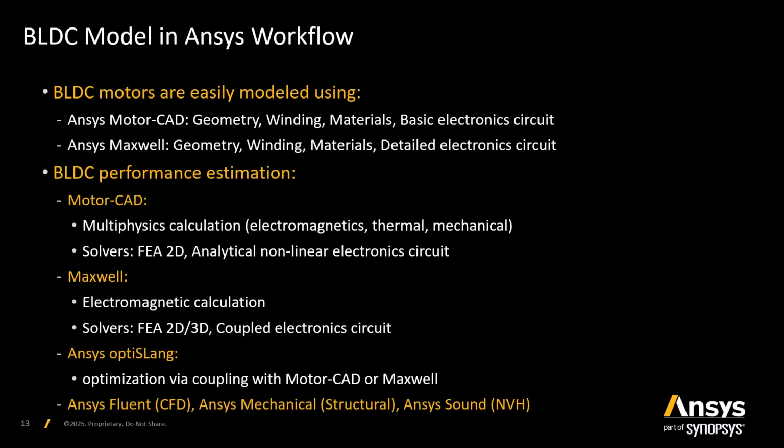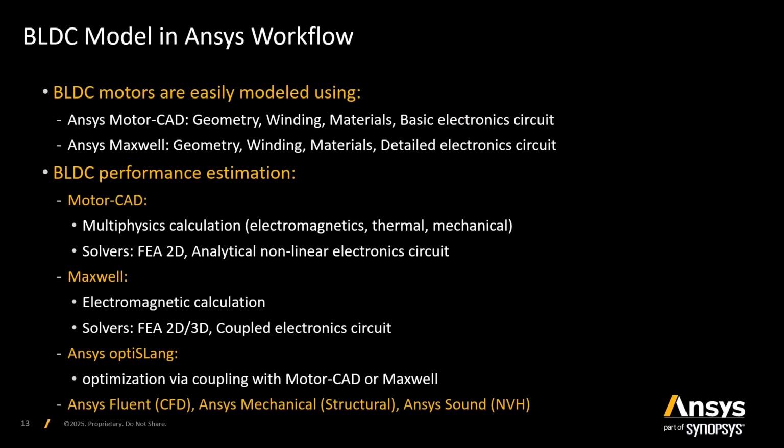How can we model this type of machine in the ANSYS workflow? The main programs that we'll be using to analyze the performance of these machines are ANSYS MotorCAD and ANSYS Maxwell. In both of them, we can start with the geometry, section, winding, and materials.